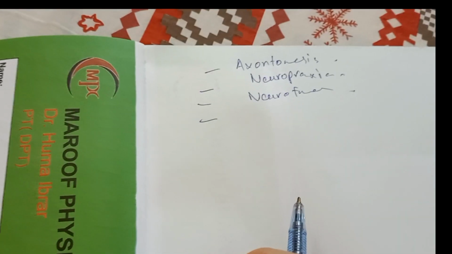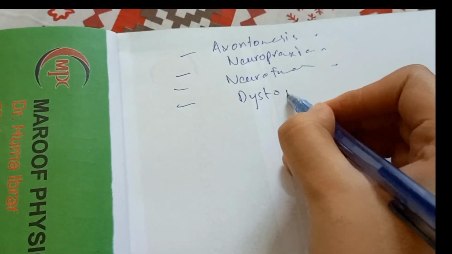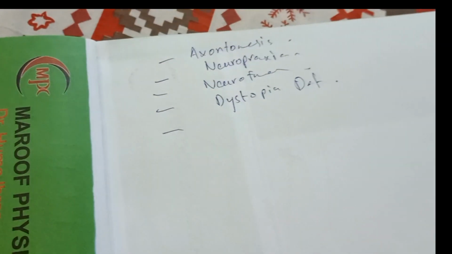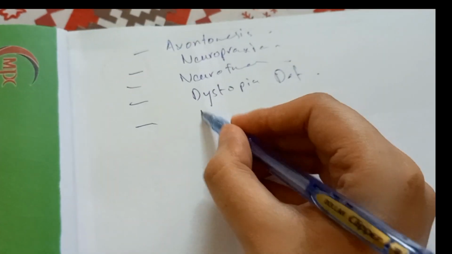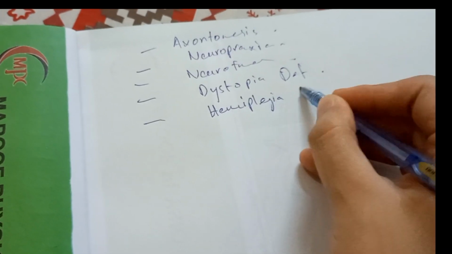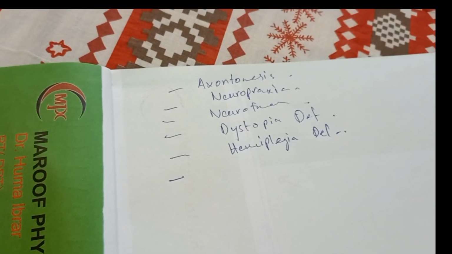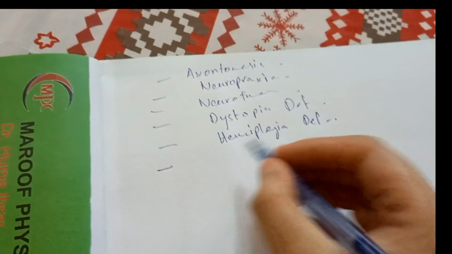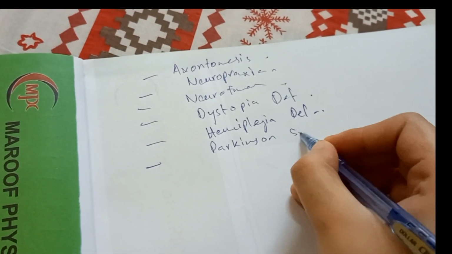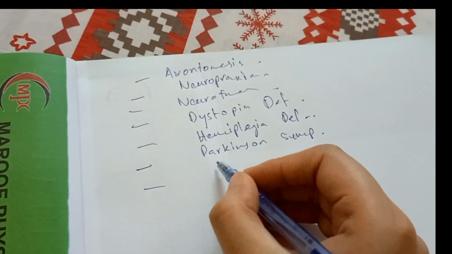Then comes dystonia definition, and hemiplegia definition. Then there was a question about Parkinson symptoms, and superficial heat modalities.